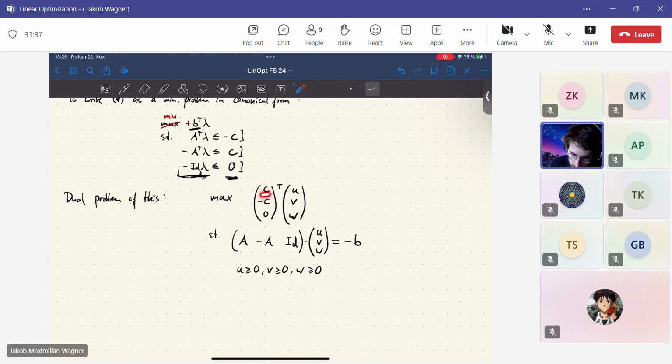Also in the objective function, u gets multiplied by c and v gets multiplied by minus c. So we can group them together and call x this difference u minus v. Then we have no sign constraint anymore for x.